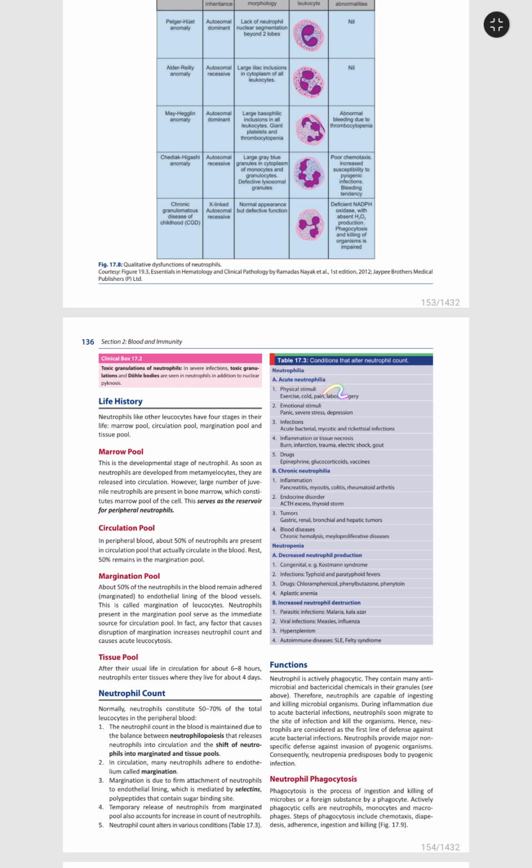Acute neutrophilia increases in exercise, cold, emotional stimuli, stress, panic, depression, infections, drugs, chronic inflammation, pancreatitis, and infections. In typhoid, neutropenia occurs.